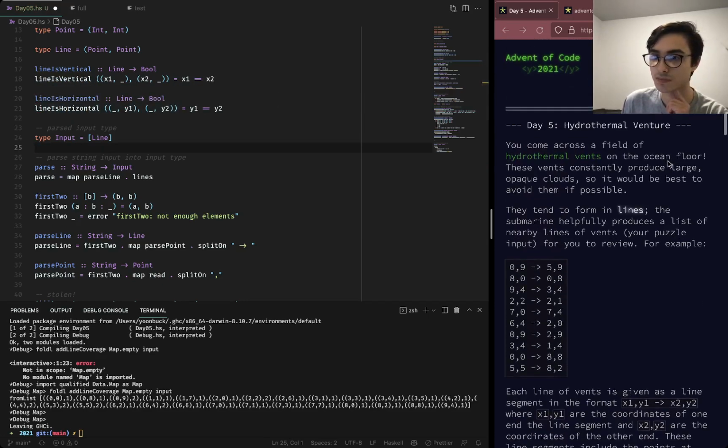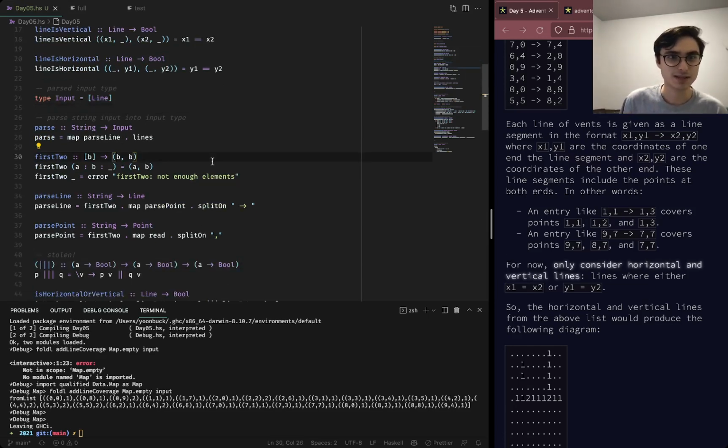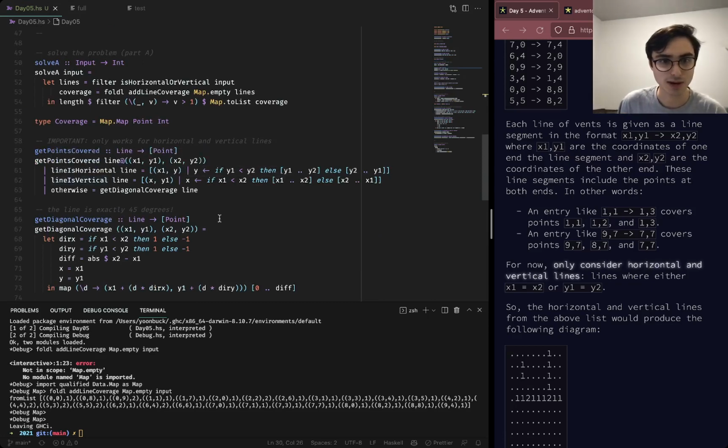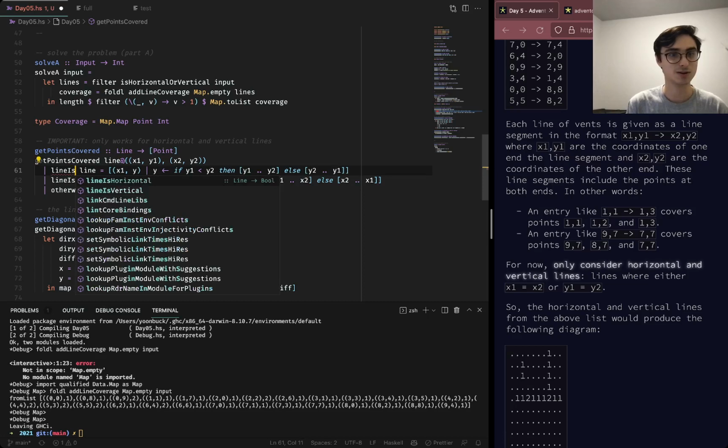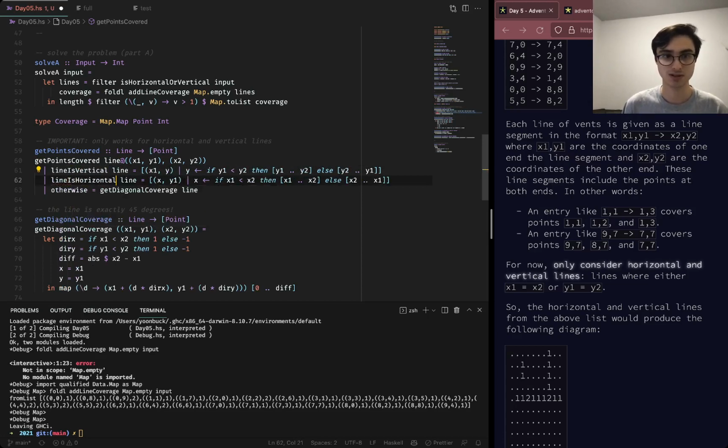Because if it's horizontal, then the y values are the same. If it's vertical, then the x values are the same. Yes. But that means that this should have been right? Because if the line is horizontal, then we go from x1. Oh, wait. Was that right before? Why am I so spectacularly mixed up? No, this is with constant x and different y. So this Copilot was right and I was wrong before. Okay, that figures. Line is horizontal.